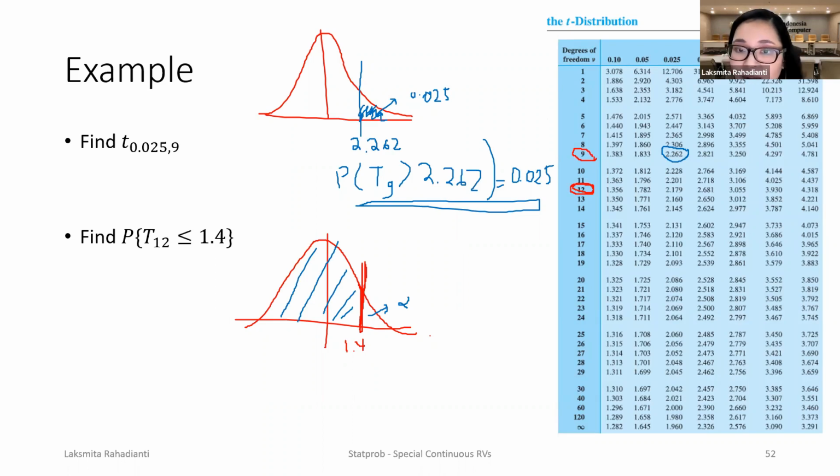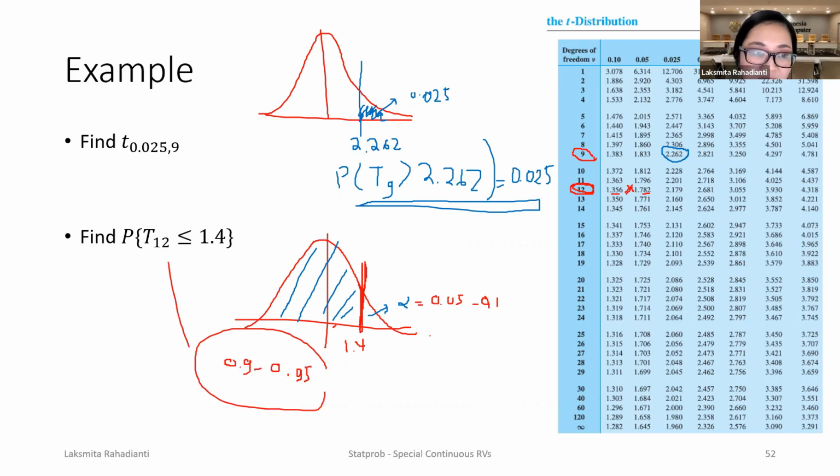I don't have one, but I know it should be somewhere between this one and that one. So this is 1.3, this is 1.7. I know that it has to be somewhere in here. So in other words, it has to be between 0.05 and 0.1. So this alpha must be somewhere between 0.05 to 0.1. That means this remainder part must be somewhere between 0.9 to 0.95. And this is the answer.